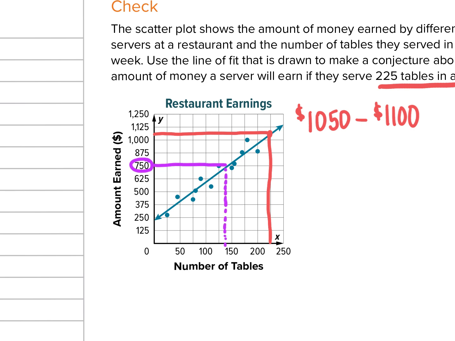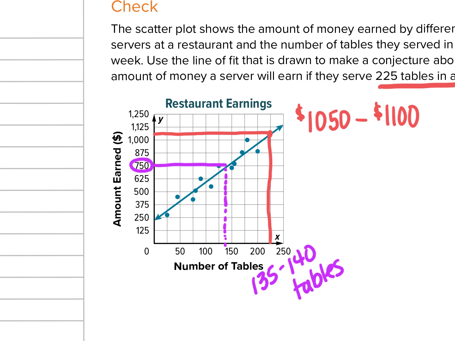So I'm between 125 and 150, so maybe 135 to 140 tables. So you don't always have to be looking at the X value first. You may be given the Y value, and have to make a prediction based upon that. You're going to do a little bit of practice with these.